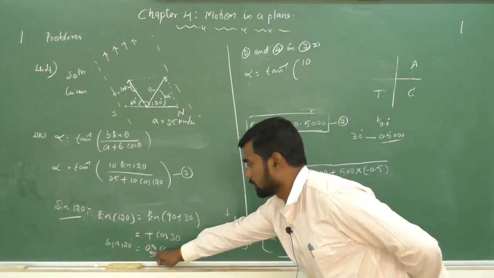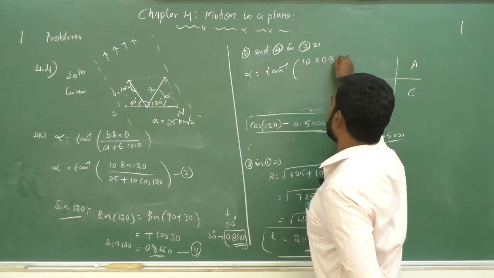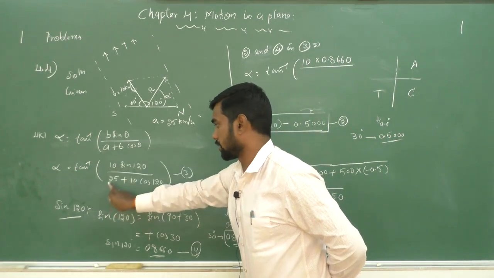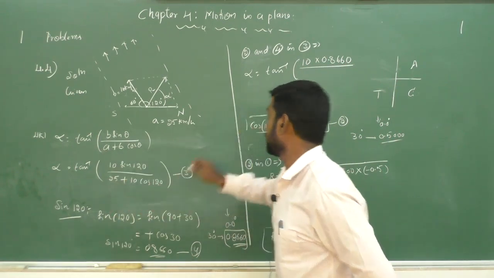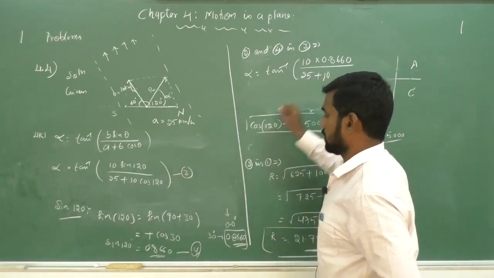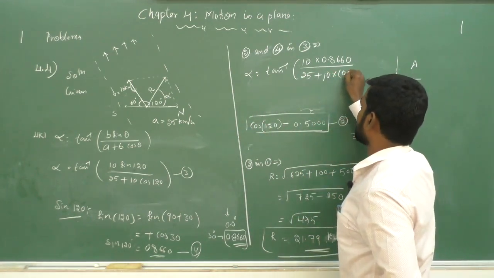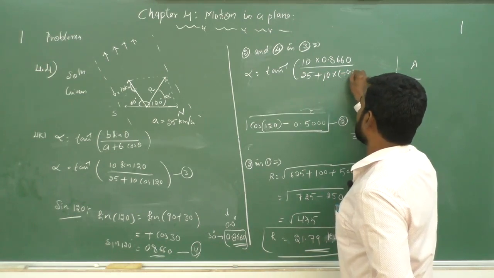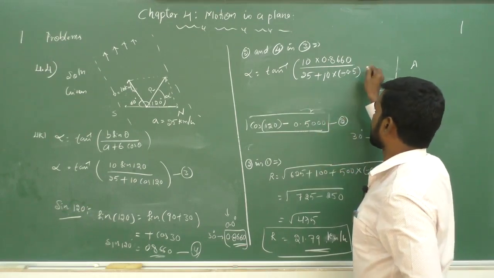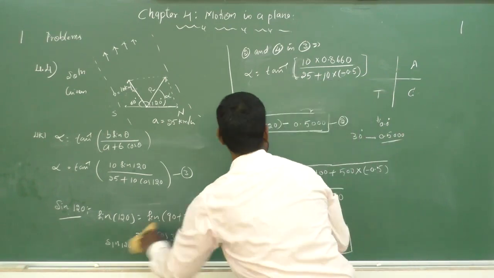What is sine 120? That one is 0.8660, divided by A, that is 25, plus B, that is 10, times cos 120. What is the value of cos 120? That one is minus 0.5. So write it here. Square bracket.